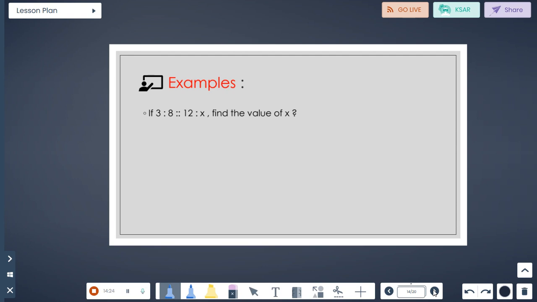Write down the question in proper form. Solution: we can write this as 3 upon 8 is equal to 12 upon x.